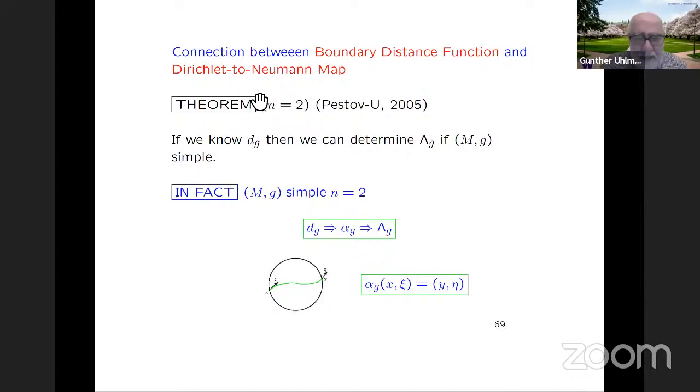So we know the distance function, then we can recover the Dirichlet to Neumann map if the manifold is simple. So those problems that look very different, when the distance function is travel time of waves, these have to do with electrical currents. They are related. And I think there is even more relation that we haven't found yet.